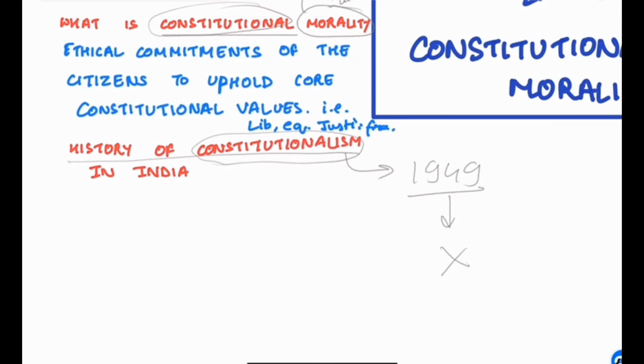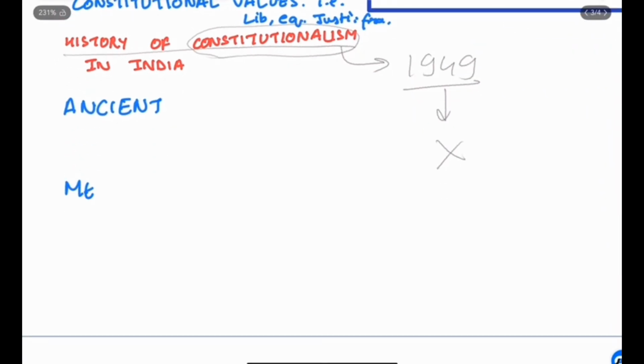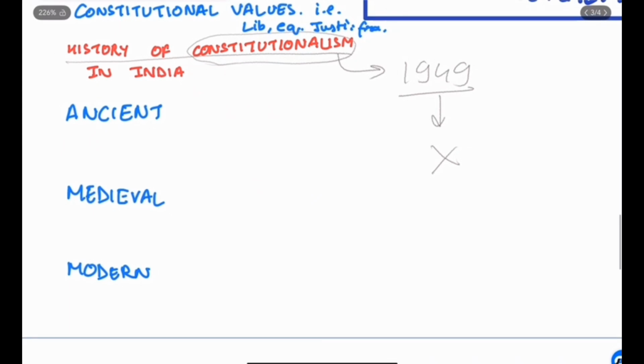For example, I can give you multiple examples from ancient, medieval, and modern period where we had some traces of constitutionalism. There were some ideals that were being followed based on common set of principles.